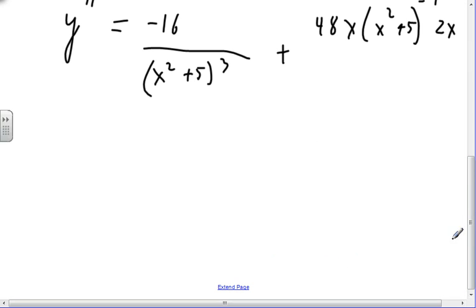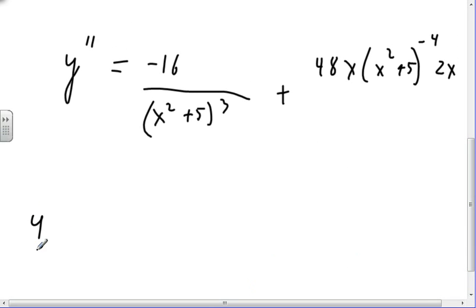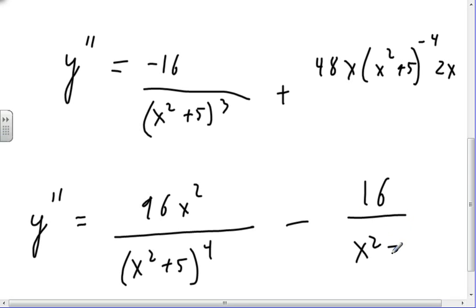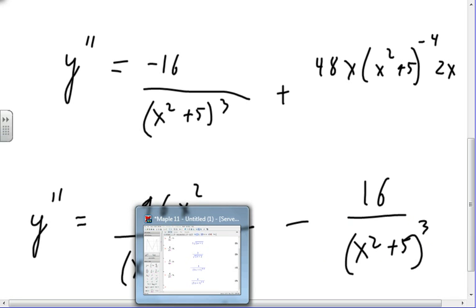So y'' had best be 96x² over (x² + 5)^4 minus 16 over (x² + 5) cubed. So that would be my best guess. No, that'd be the right answer, period, the end.